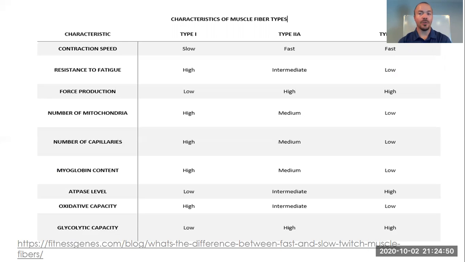Whereas my 100-meter sprinters, my hurdlers, my high jumpers, my track and field throwers, my soccer forwards, my dancer, I don't know, depending on how long your dance routine is, I guess that's not my area of speciality. But we want those athletes to be type 2B muscle fibers. We don't want them moving slowly, and we want them to be producing force so that they can run fast.